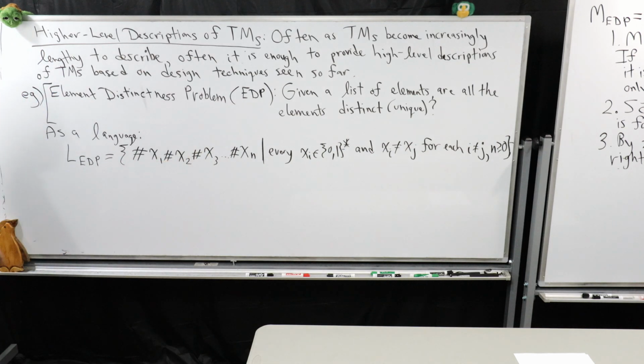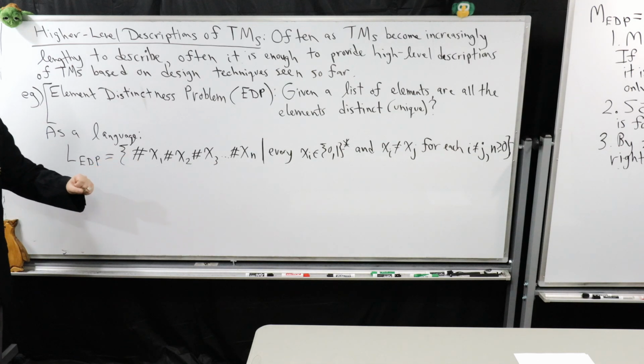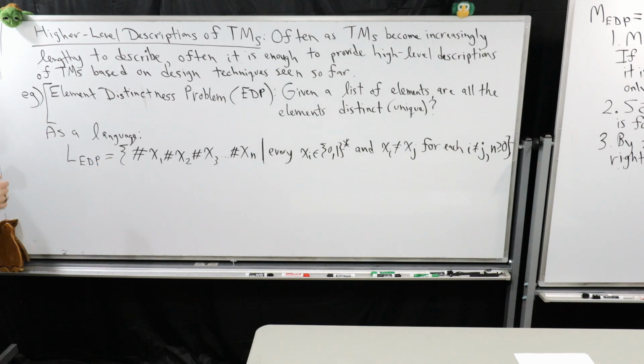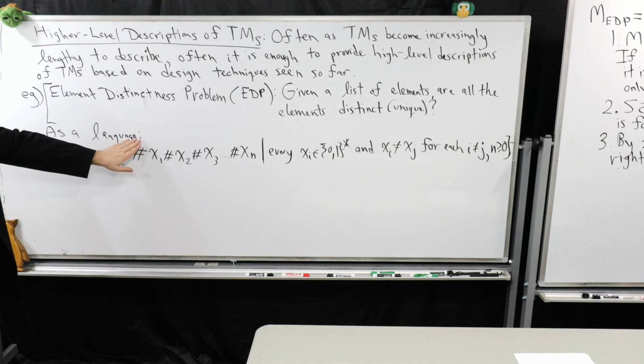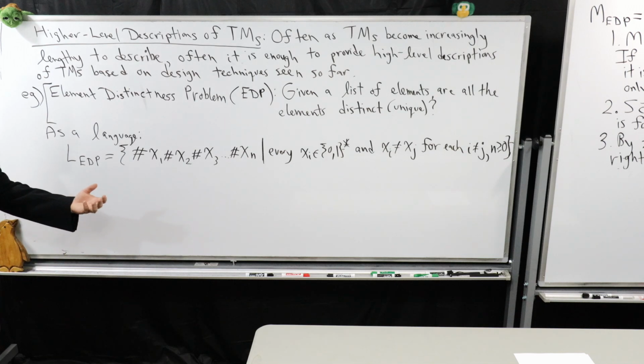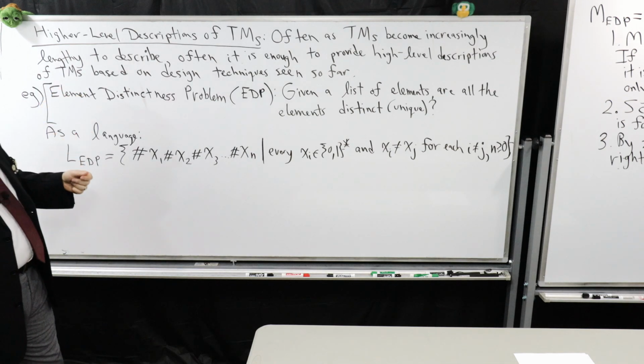These separators mark where the elements are split. This is one way I can encode this information. If I really don't like this first one being here, I can always pad the sides with a pound sign if I needed to. But this should be okay for describing this problem.